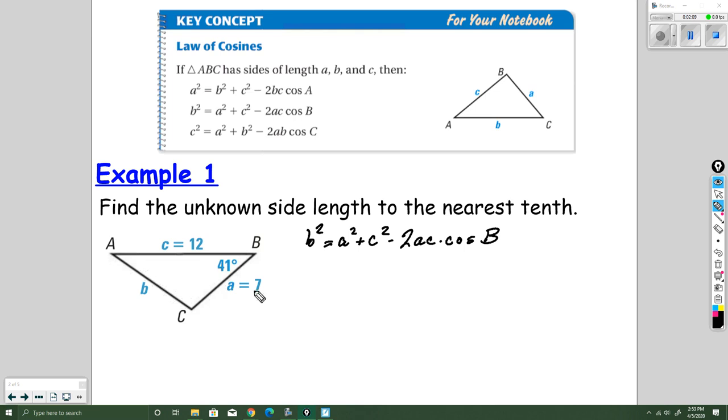We know a is 7, so 7 squared, and c is 12. So we have plus 12 squared minus 2 times 7 times 12 times cosine of angle B, which is 41 degrees.